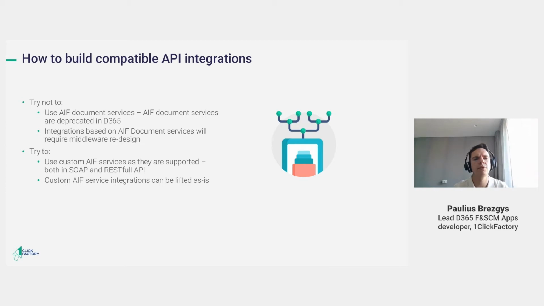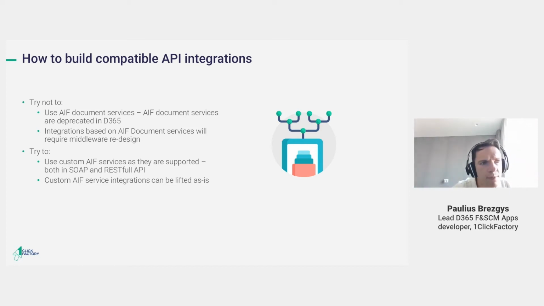The document services are deprecated in Dynamics 365, and they will require heavy redesign if you want to lift those integrations, because basically there's no identical alternative, and the middleware that is working for that integration in AX 2012 will have to be completely reconfigured to integrate with Dynamics 365.